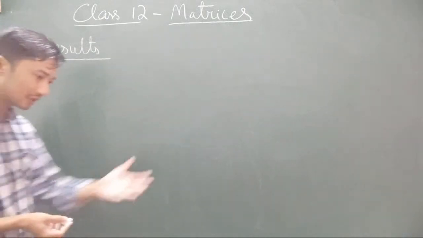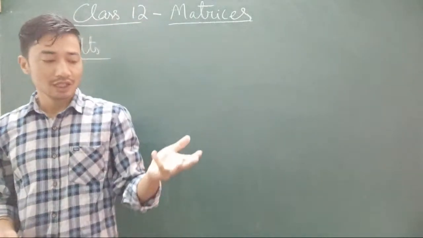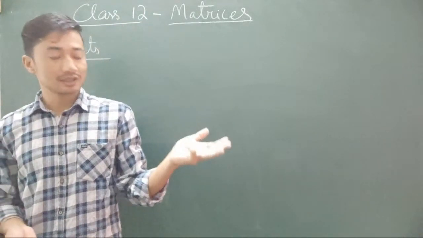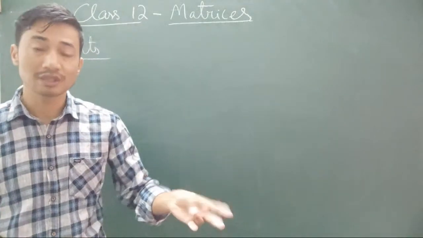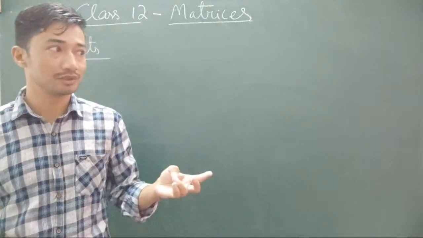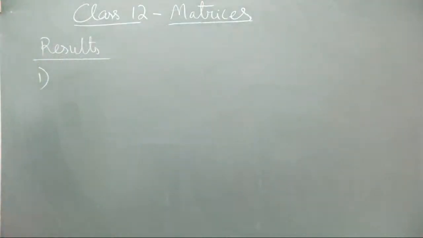Of course, the first results you can find in the textbook, so we are not going to waste time on those. Like, the sum of two symmetric matrices is always a symmetric matrix. The sum of two skew-symmetric matrices is always a skew-symmetric matrix. Some properties, no? I think that you will understand. I'll just give you some important properties only.